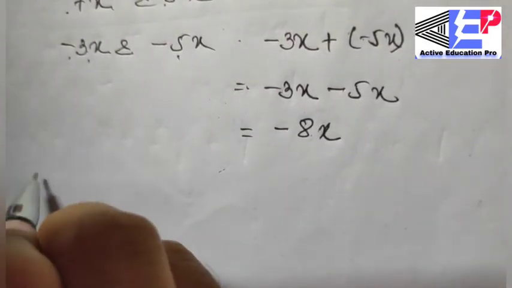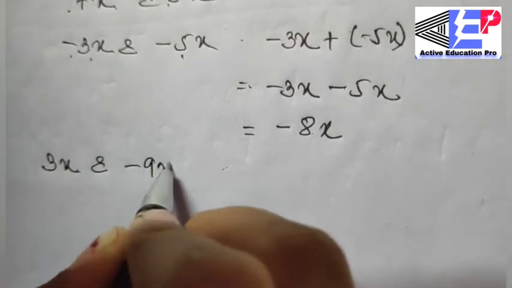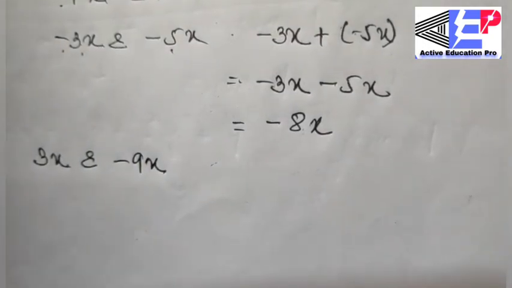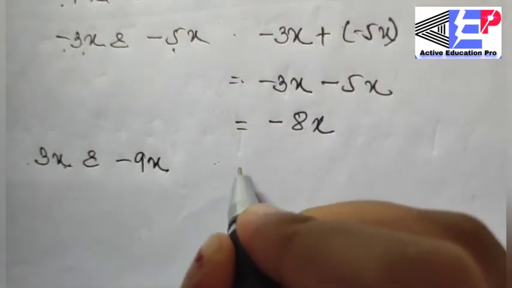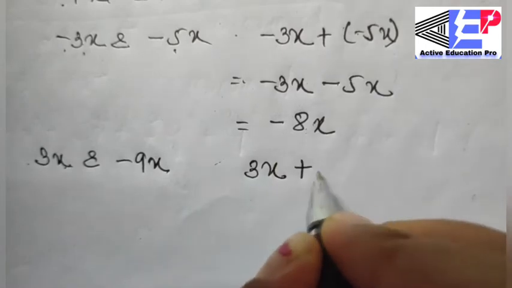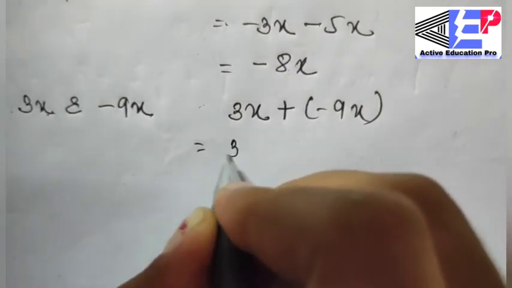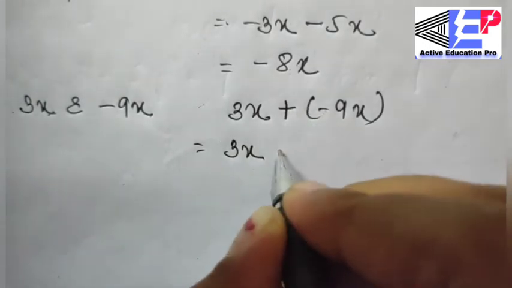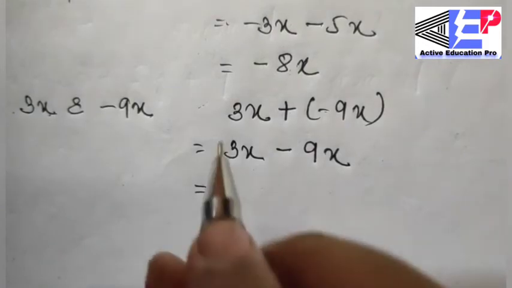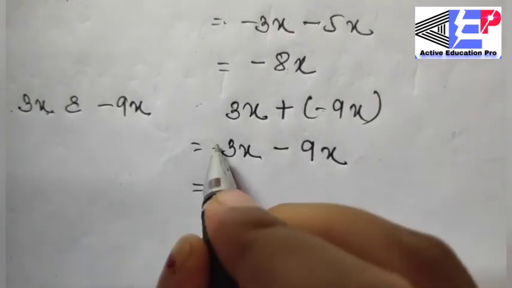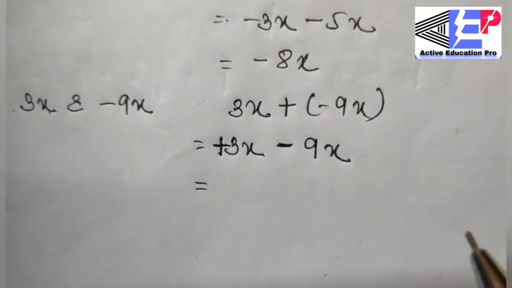But in the next example, 3x and minus 9x, we have to add plus 3x and minus 9x. Let's add 3x plus minus 9x, then simplify it. There is a positive sign, since no sign means a positive sign, and there is a negative sign.